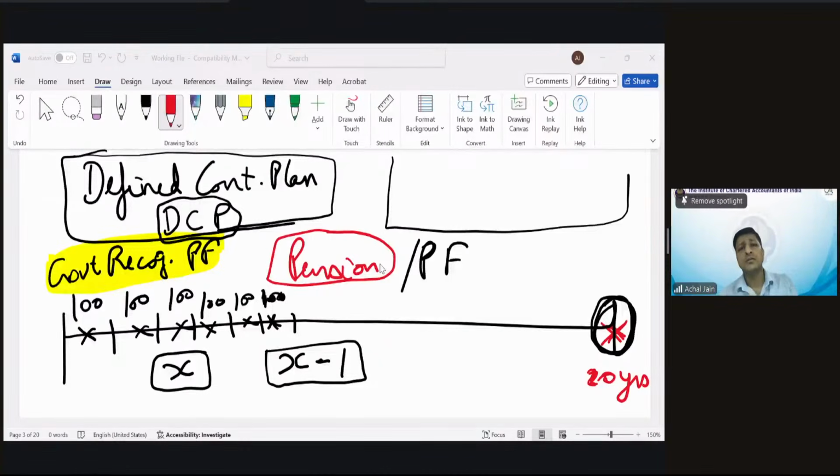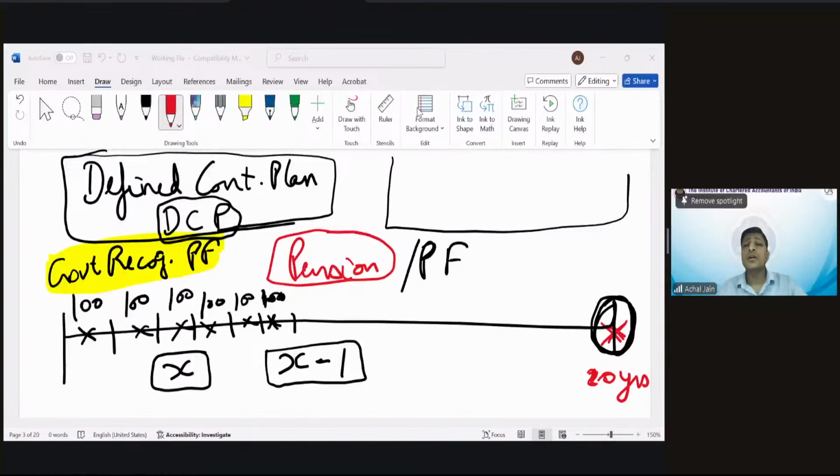To pay the contribution, and that is done. Yes or no? So how will the entity record this? The entity will record the contribution payable or paid as an expense, and that's it. So as far as a defined contribution plan is concerned, its accounting treatment is very simple.